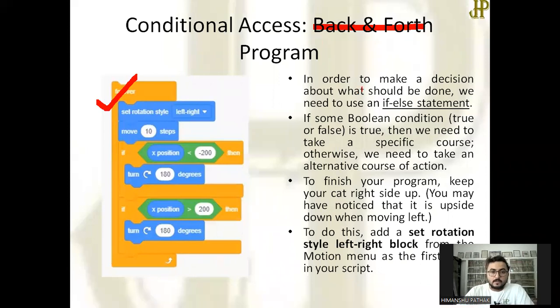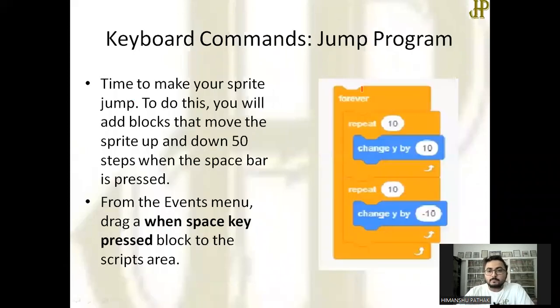Next one, jumping program. If you want to move your sprite up and down, it looks like a jumping game. Then what is to be done? You have to do forever, repeat 10 times. What?